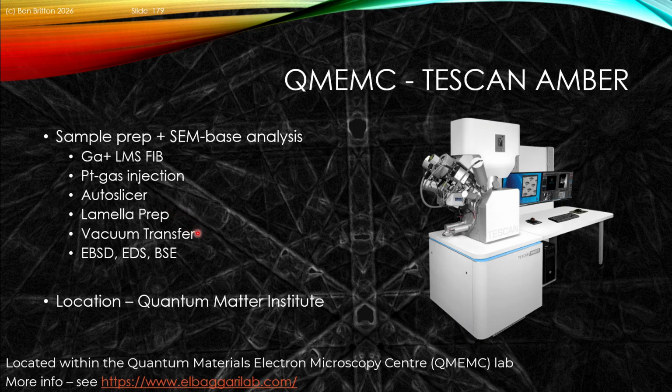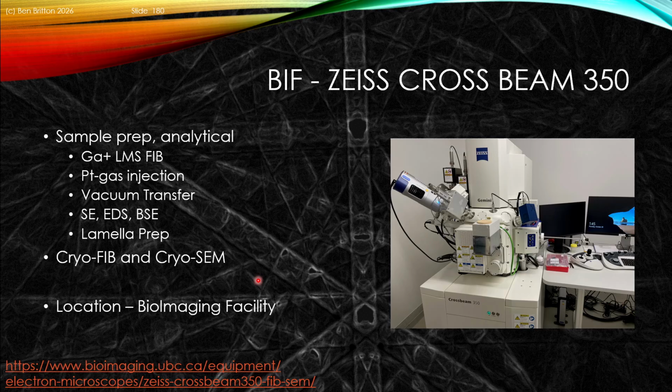There's a vacuum transfer system, and it has some analytics for EBSD, EDS, and backscatter electron imaging. And as I say, this is located in the Quantum Matter Institute. I think it's on the 3rd floor of the Brimacombe and QMI building for that.